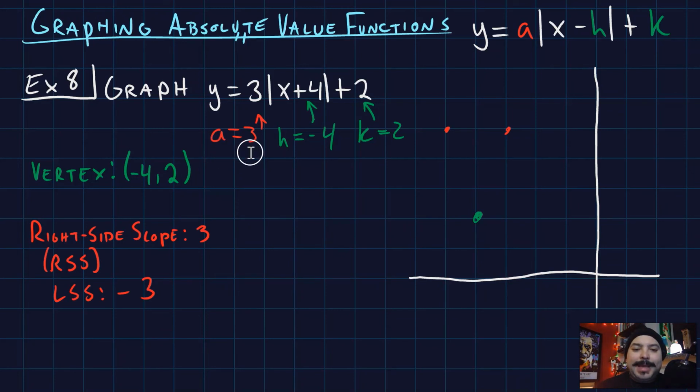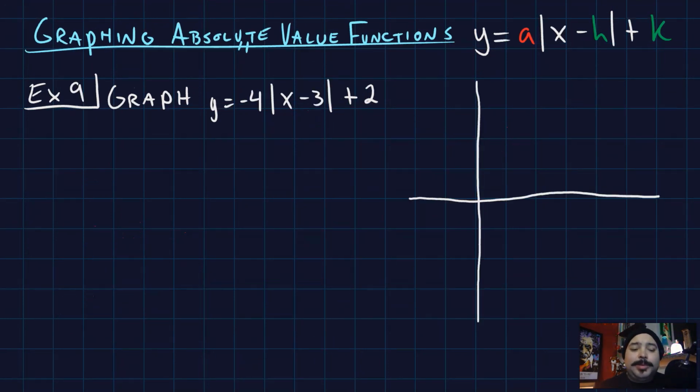The value of a in our equation this time is equal to 3, so that means our right side slope is +3, so starting from the vertex, up 3 to the right 1. The left side of the slope is going to be up 3 to the left 1. Connecting our points allows us to complete our graph of this equation.